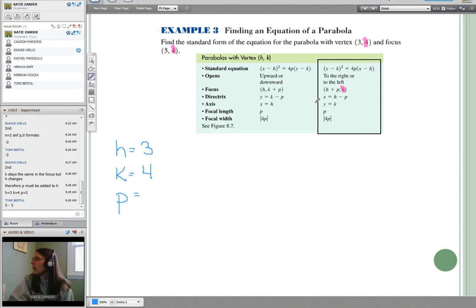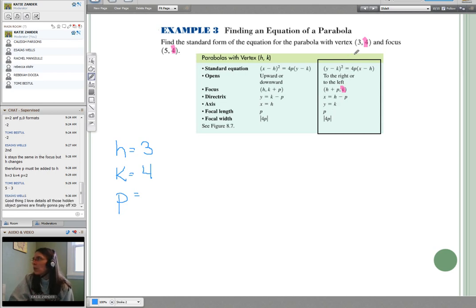That's what I'm looking for. So p is that focal length, which is the distance between the vertex and the focus. It's almost like playing a game. So the focal length there is 5 minus 3, which is going to give us our 2. Good. And the 5 and 3 came from the x values of the focus and the vertex. In case you were questioning that, that's where those came from.